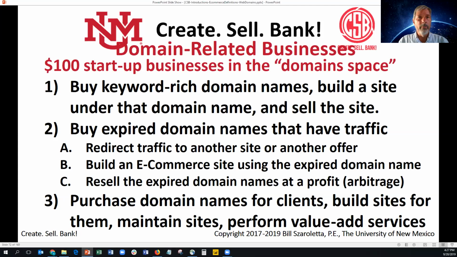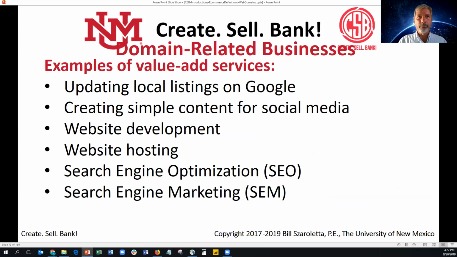You're going to learn how, but you can do that for your clients and essentially help them. In CSB1, you'll fully know how to do that for them to help them build an e-commerce store. In CSB-App, you're going to learn a lot of things you can do for them. But in large part, it starts with the domain name.